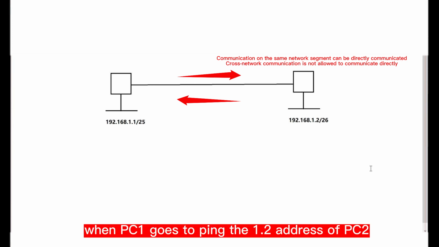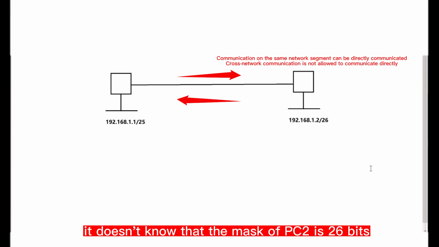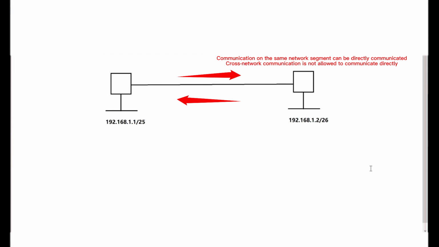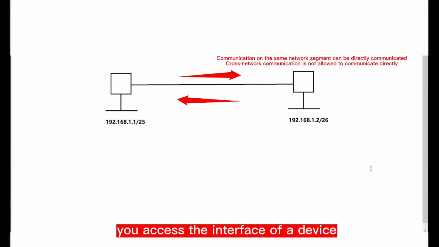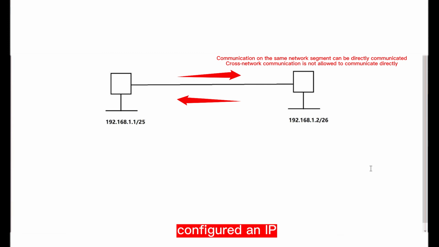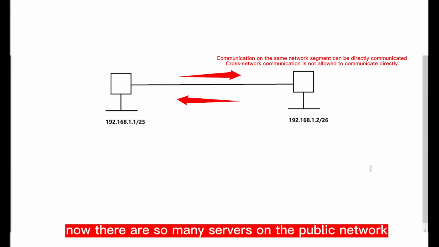When PC1 pings the 1.2 address of PC2, it doesn't know that the mask of PC2 is 26 bits. For example, you access the interface of a device configured with an IP. When you ping this interface, it will not carry its mask as a suffix. Or, now there are so many servers on the public network.